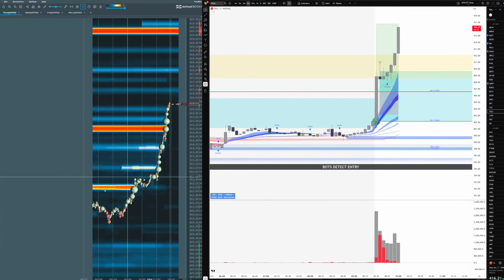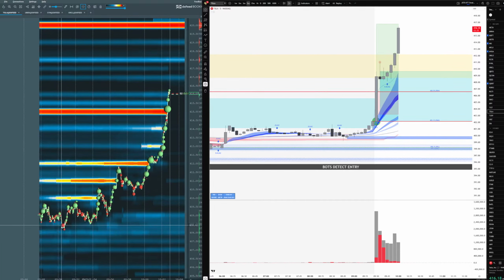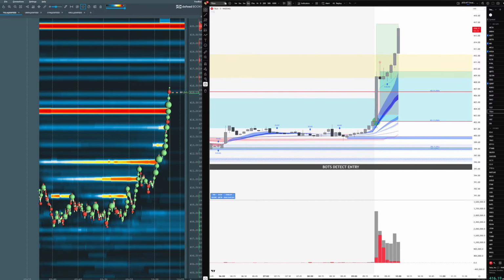Yeah, Bookmap, guys, was a perfect combination over here with the system plotting the long play.